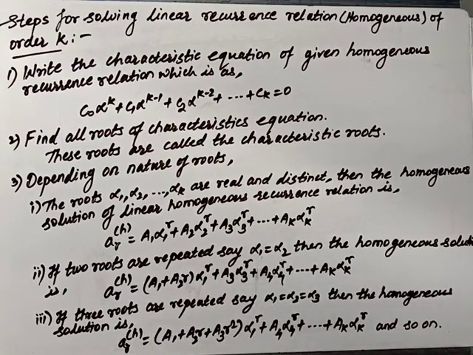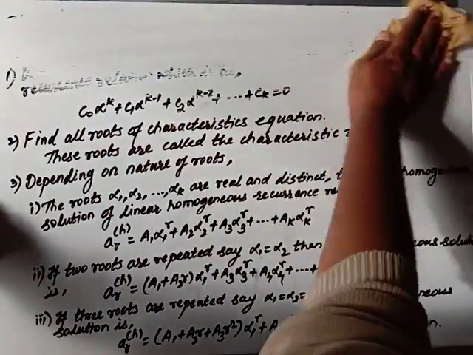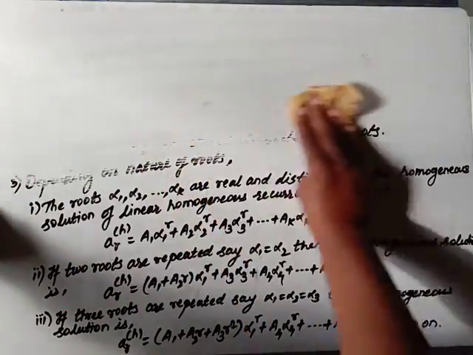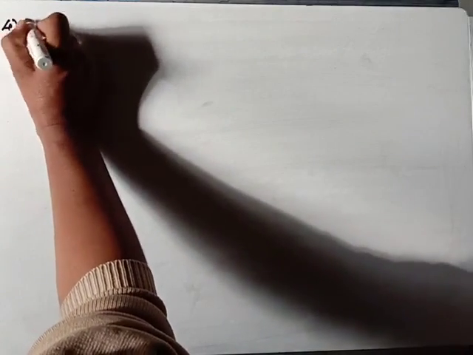K initial conditions must be given to us. So step 4. Let me write step 4. Then we will solve the example. What is step 4 here?